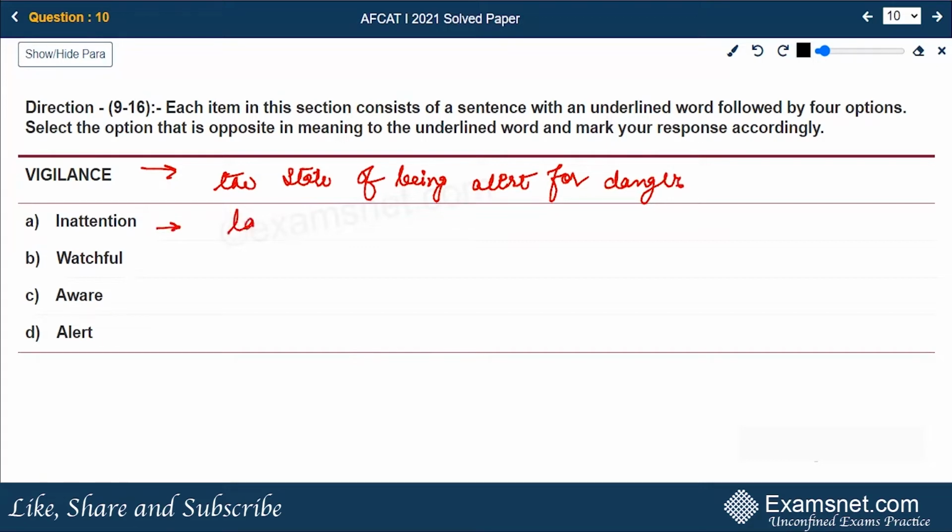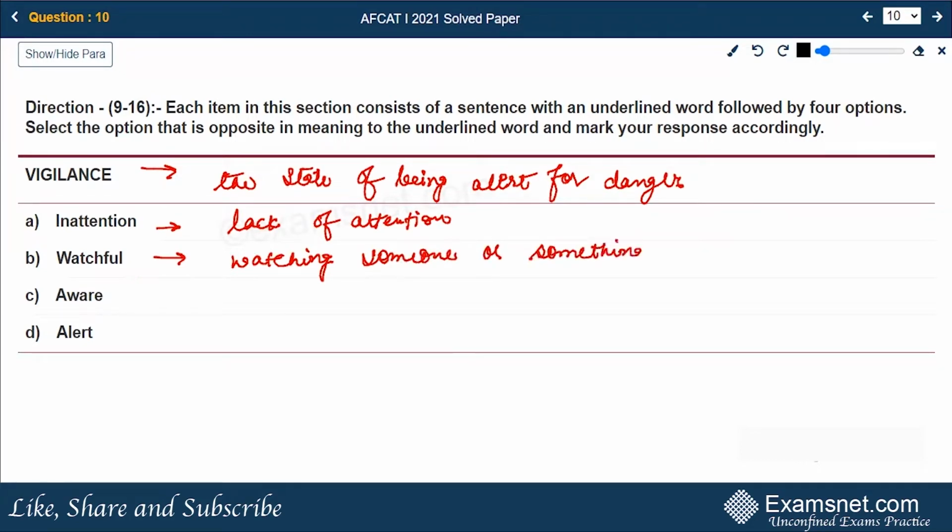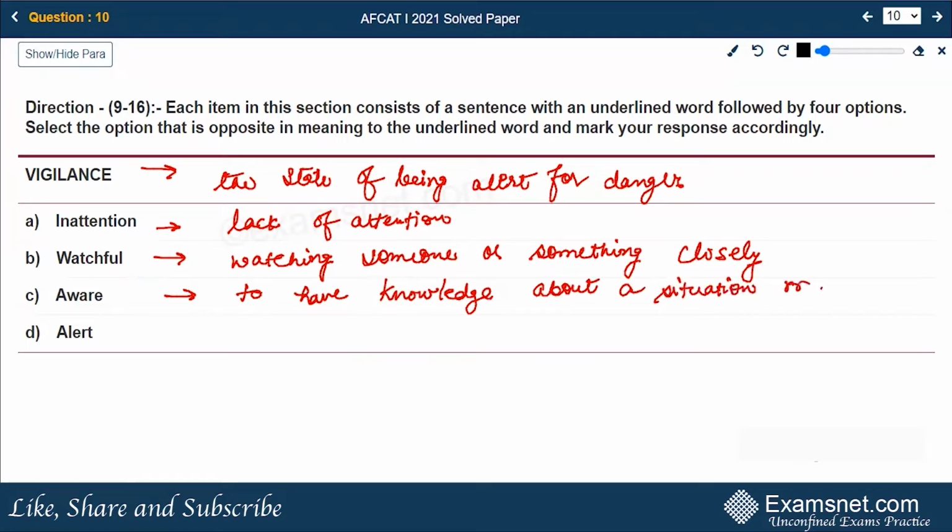Inattention means lack of attention. Watchful means watching something or someone very closely. Aware means to have knowledge about a situation or any fact.